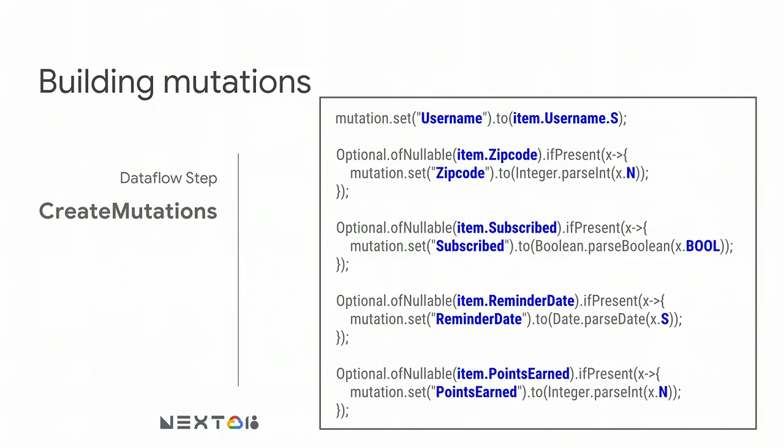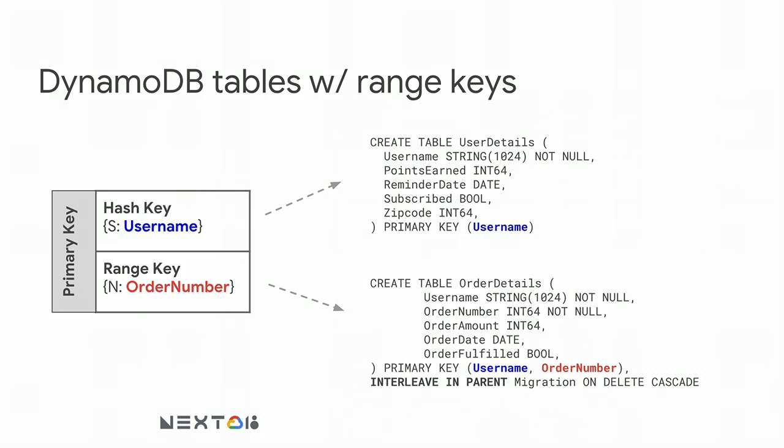The next thing in my pipeline list was create mutations. Create mutations takes each of these class members and lets me map them to column names. So this was the second step in that pipeline. And once that's done, that pipeline has what it needs. One thing I'll touch on is the Dynamo.